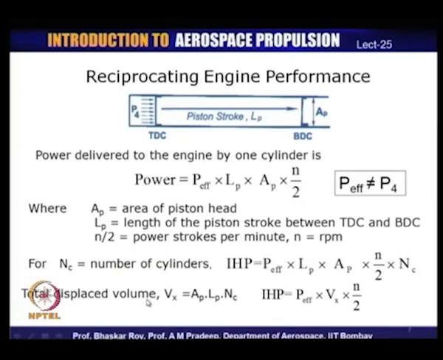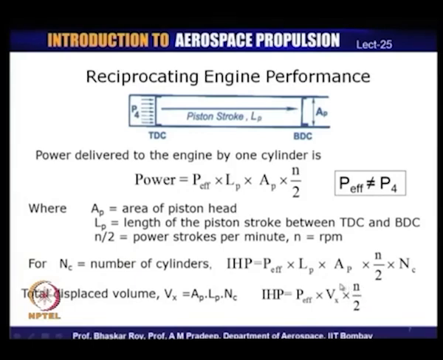You might hear the same thing about various automobile engines, where the total displaced volume is quoted as the engine capacity. Hence, we can now write IHP in terms of effective pressure, the total displaced volume into the power strokes per minute, which is n by 2.